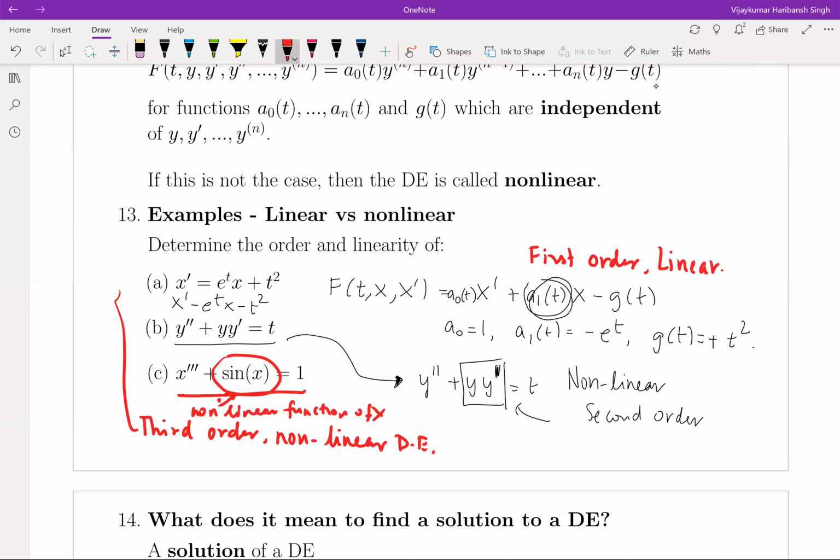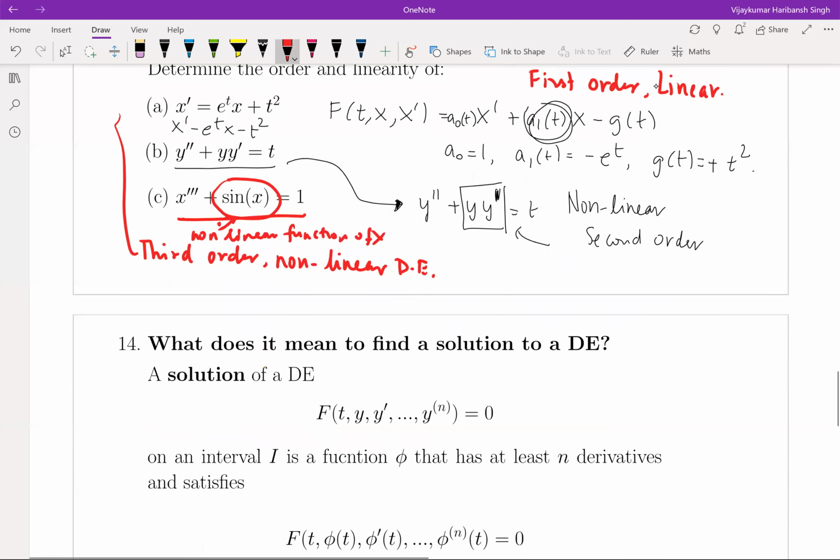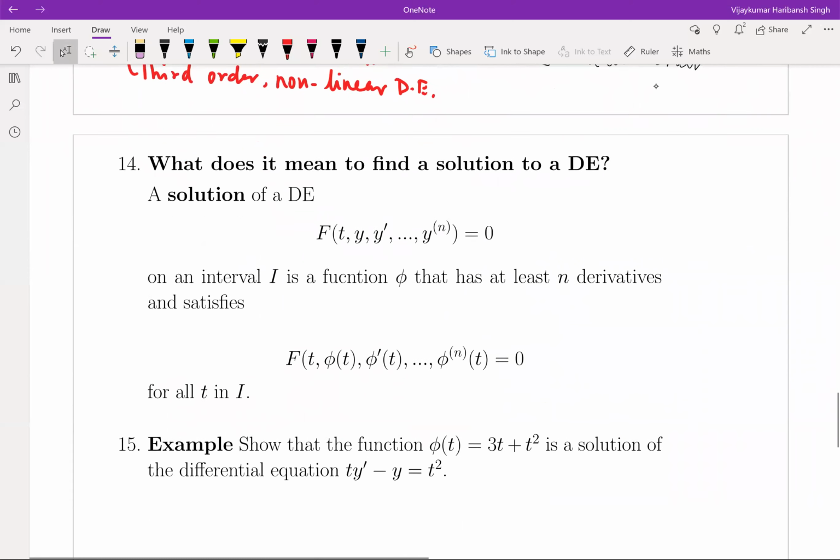So this is the classification based on linearity and non-linearity. All right. Now the question is the following. We have done the classification. Now let's also fix what it means to find a solution to a differential equation. If you're given a differential equation of the form f of t, y, y prime, and so on up to the nth derivative of y equals 0, note that this is the general form of a differential equation.